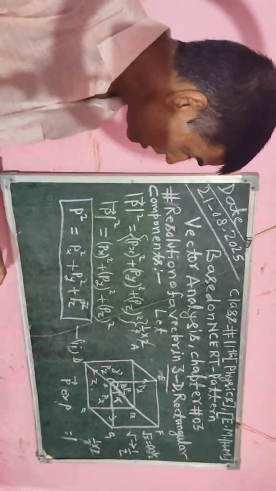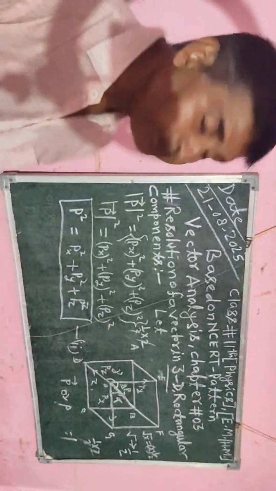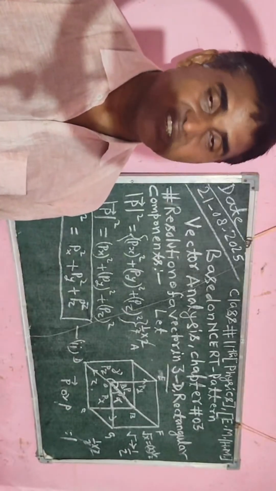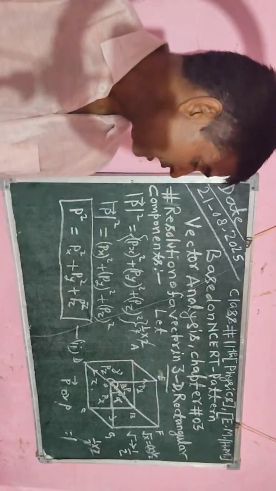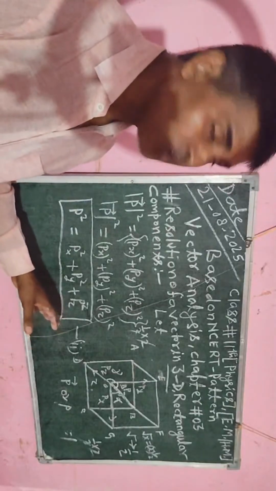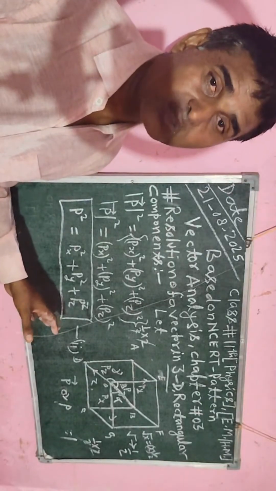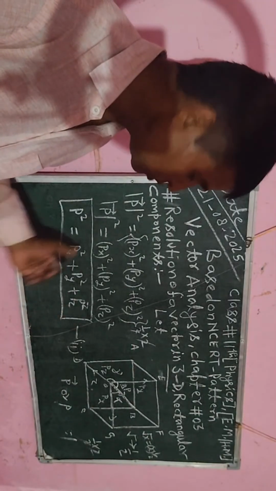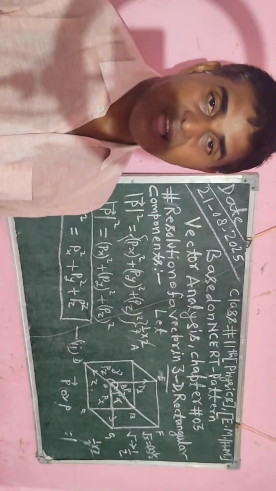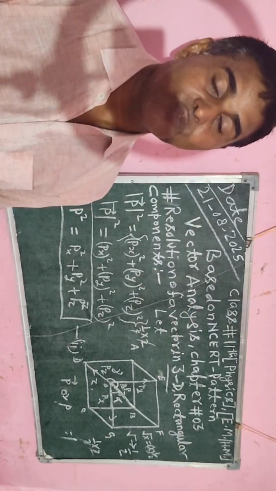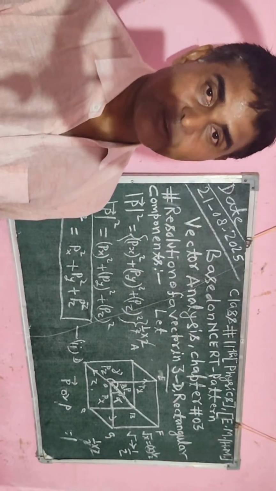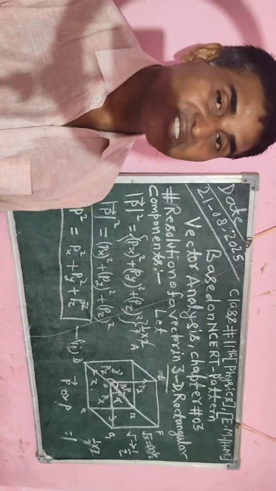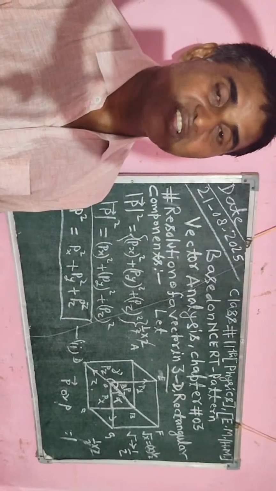Now I will get the value of cos alpha, cos beta and cos gamma also, and then I will substitute in equation number 2, and then I will get an identity, and that identity will be in trigonometric form. So that information I have to also remember, because that concept can be asked in the competitive exam.